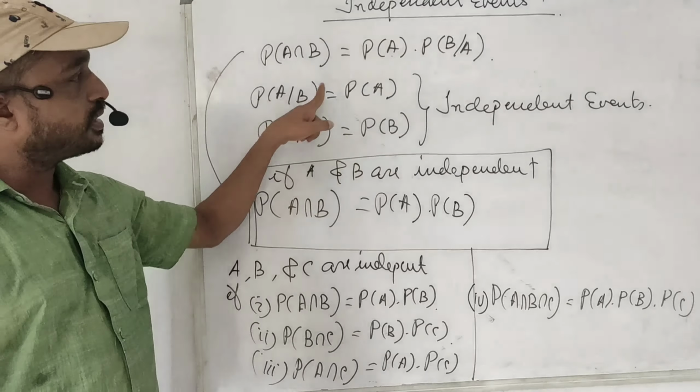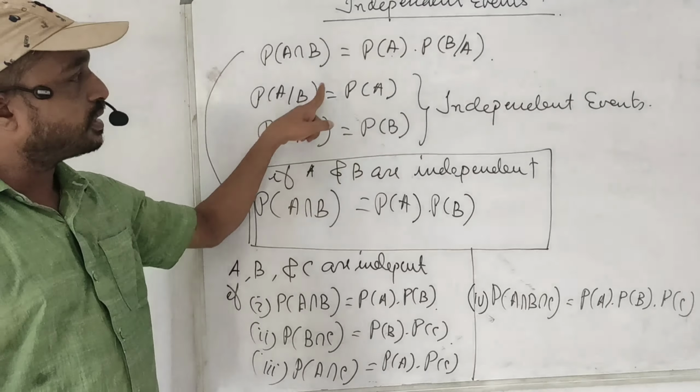And what is P of B? It is the probability of drawing a spade card. In a pack of 52, how many are spades? 13 are spades. I think you are well aware of the suits and the number of cards in each suit, etc.